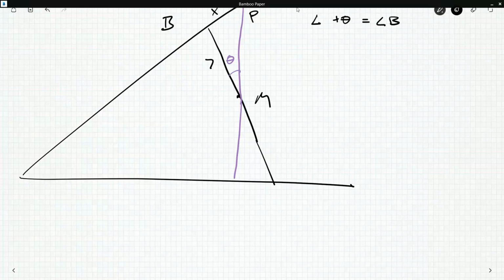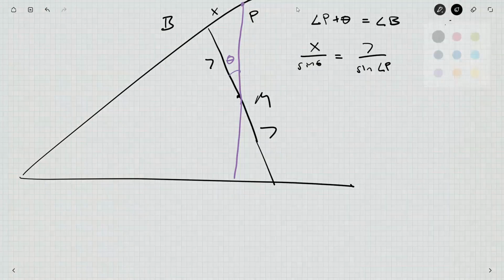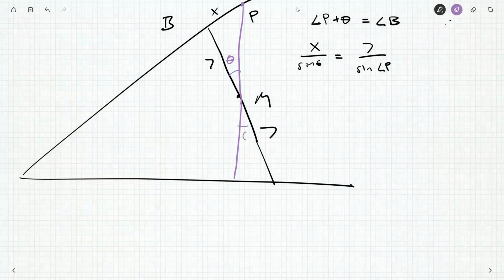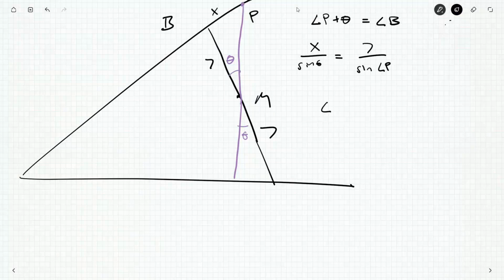So the angle at P plus theta is equal to the angle at B. X over sine theta is equal to 7 over sine of the angle at P. It might be that some of this stuff just sort of cancels out. We also have a 7 down here. We have another theta. And we have the angle at Q. Oops, sorry. Q is down here. This is C.